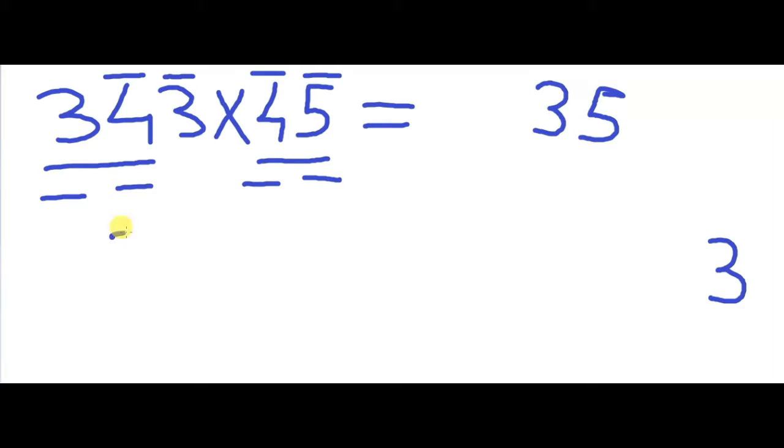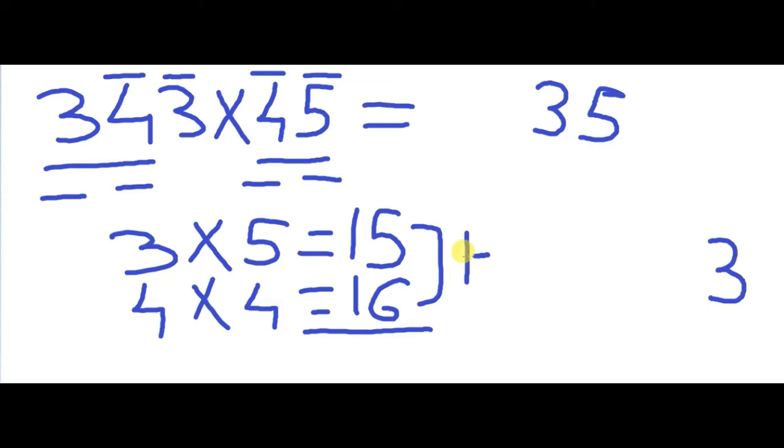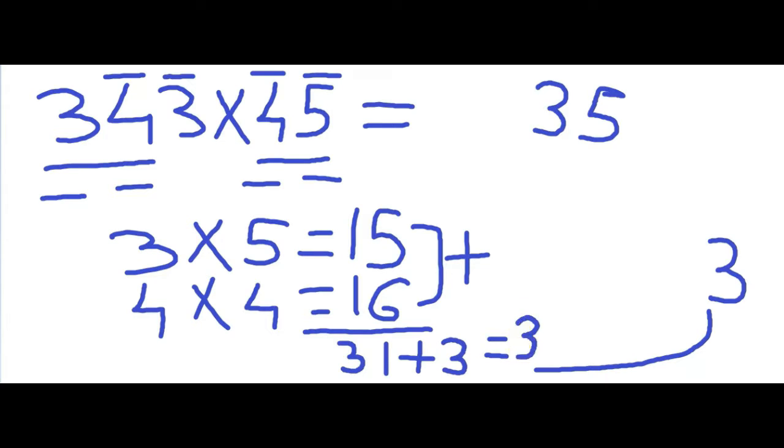So 3 into 5 is 15 and 4 into 4 is 16, and take addition between these two numbers, so is 31, and add the carry from previous step, so is equal to 34. So we will write this 4 in the answer and take this 3 as a carry for the next step. So go to the next step.